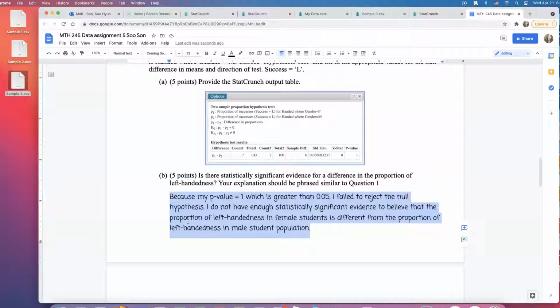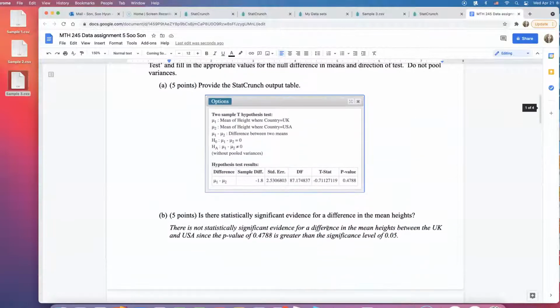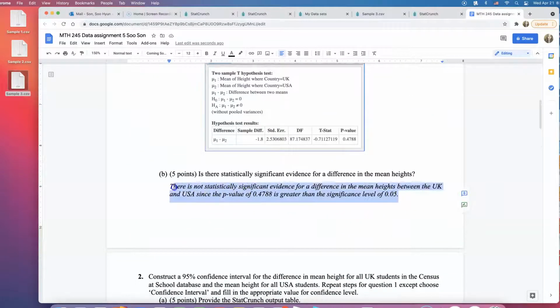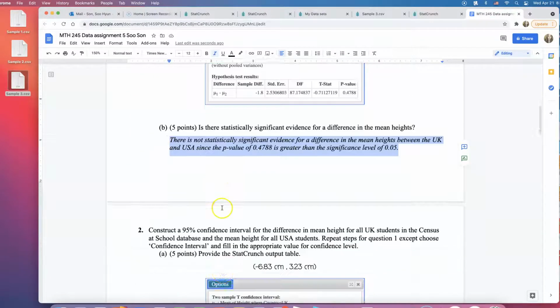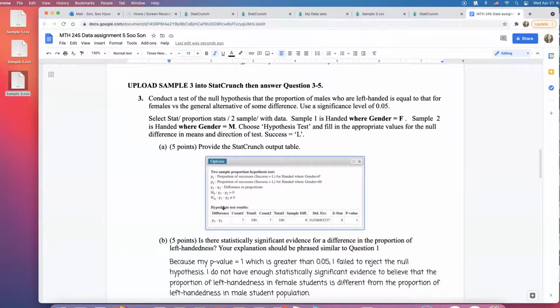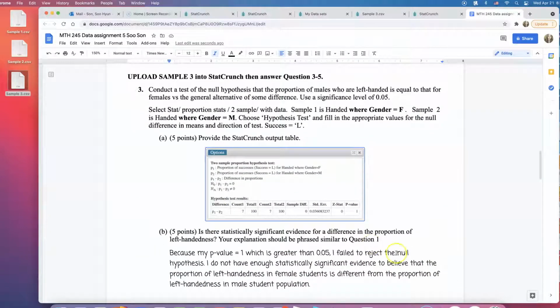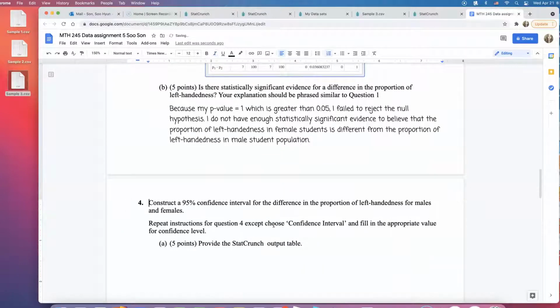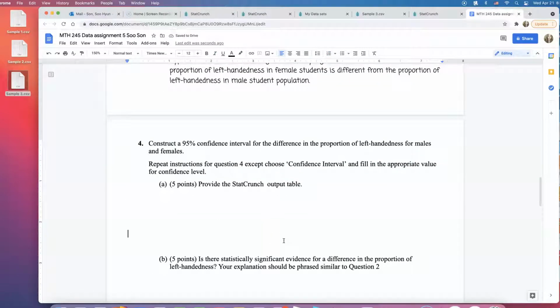Based on that p-value, what did we do? And I try to add another sentence about our conclusion. Or you can just simply copy this part and just change the wording. But I did go over numbers 3 and 4, and how about we just do it right now? I think we can do it right now.